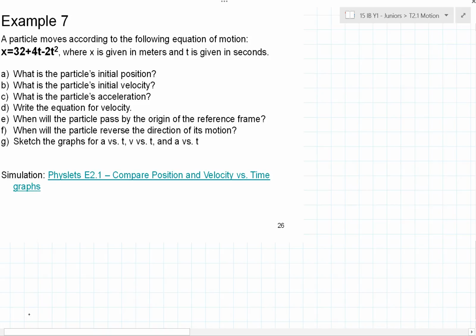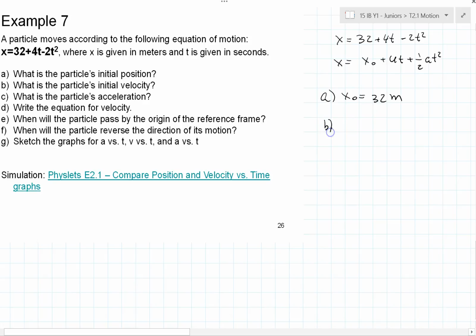Okay, then going forward with our solution, we have here the general equation of this problem. X equals 32 plus 4t minus 2t squared. And the general equation for the constant acceleration motion is x equals x naught plus ut plus 1/2 of a t squared. So for part A, we're going to have basically x naught is 32 meters.